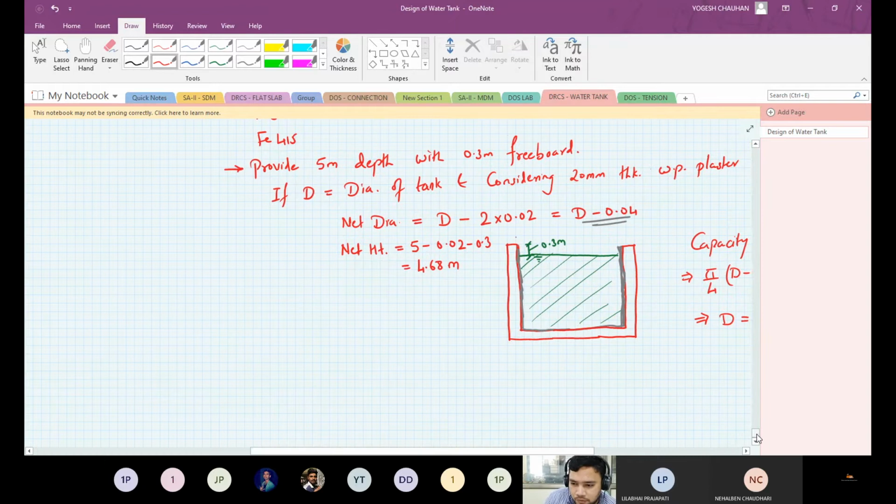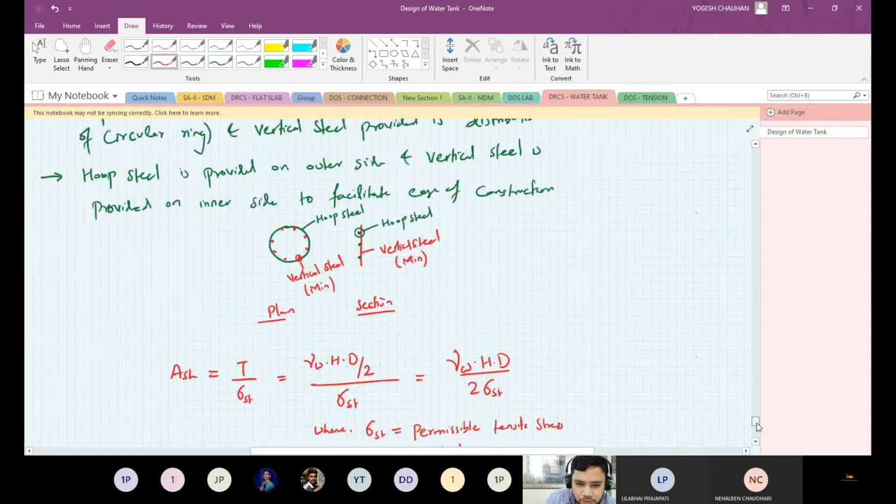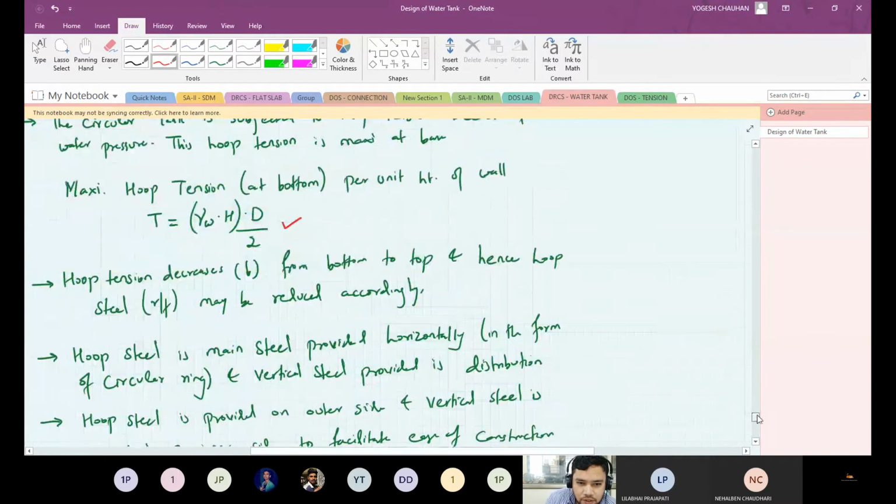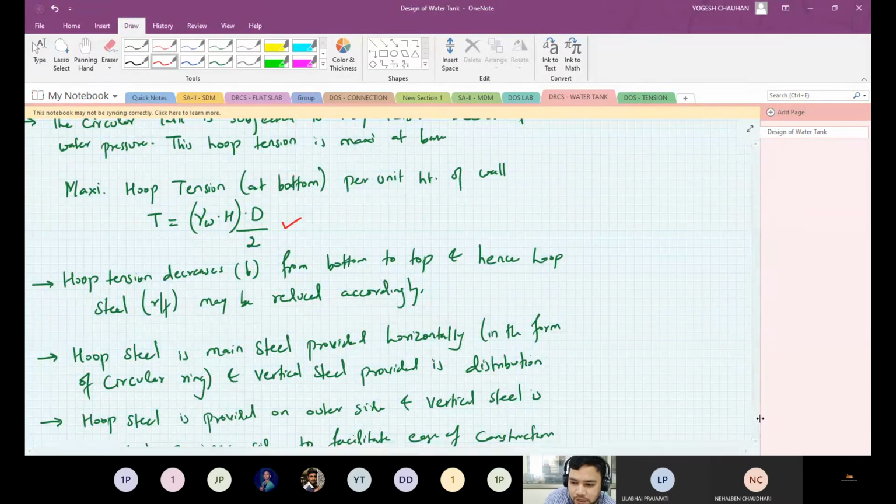Now from the theory, the maximum hoop tension is given by T equals gamma times H times the diameter by 2.